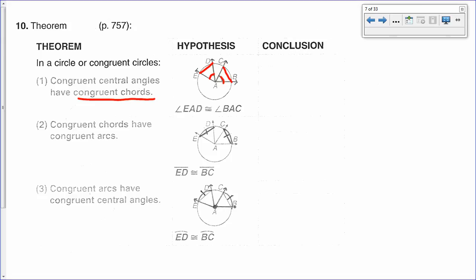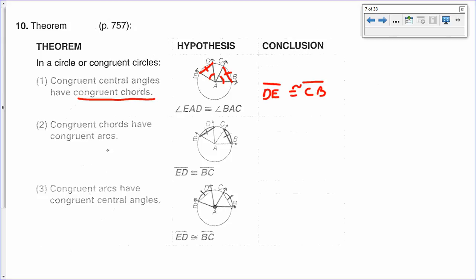So that means DE is congruent to CB. It's almost obvious because this space is the same as this space, so why wouldn't the length there be the same as that one? That kind of makes sense.